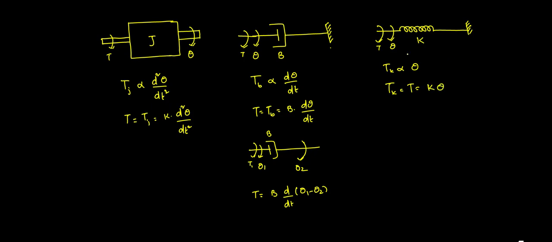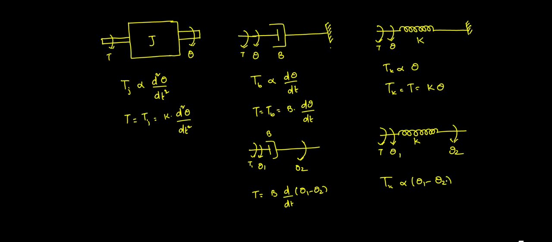Suppose the ideal spring has angular displacement at both ends, without any fixed reference. Here you apply a torque T, with angular displacement theta 1 at one end and theta 2 at the other, and the spring constant is K. Then Tk is directly proportional to theta 1 minus theta 2.